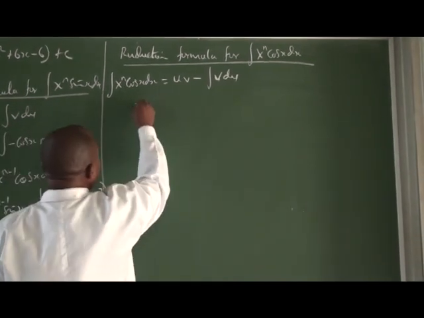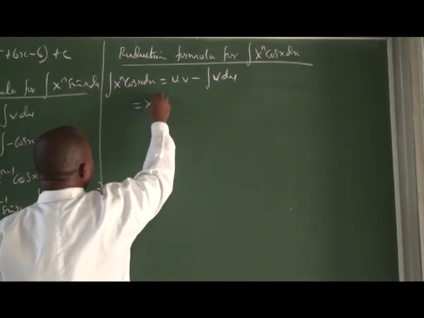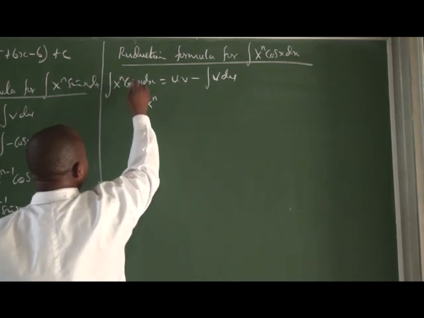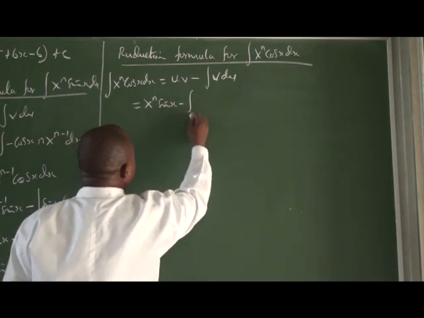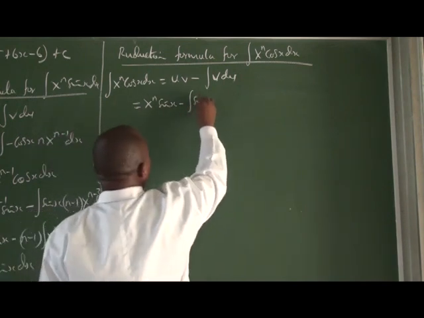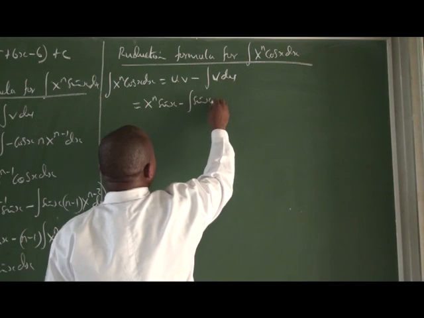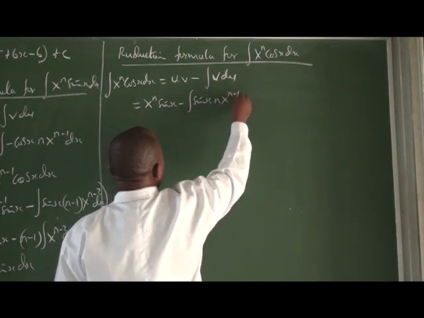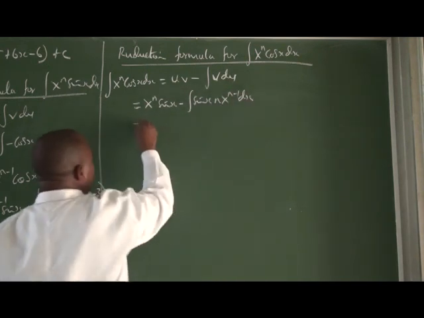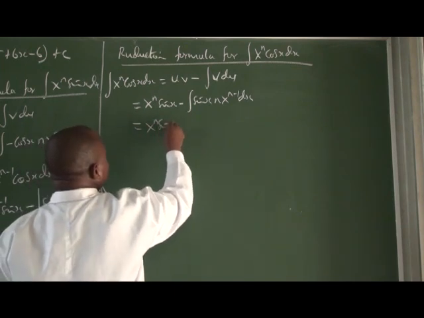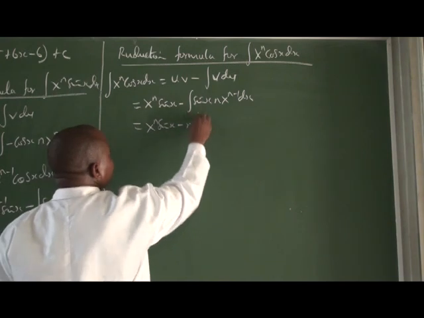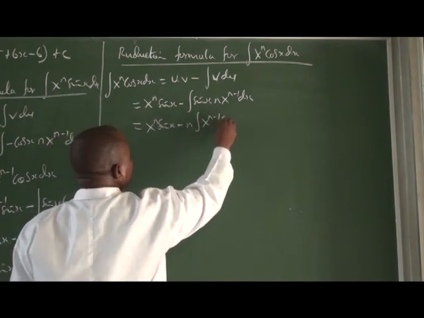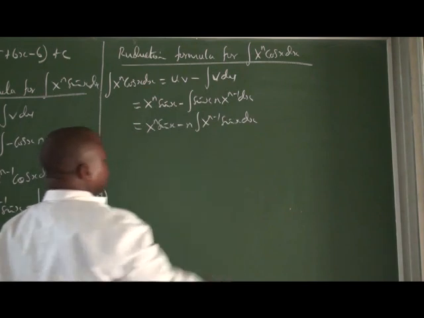So this will give us u. Now u here is x^n. v, when you integrate this, is sine x, minus the integral of v du, where du is n x^(n-1) dx. All right, so x^n sine x minus, I can bring this n out, so we'll have the integral of x^(n-1) sine x dx.